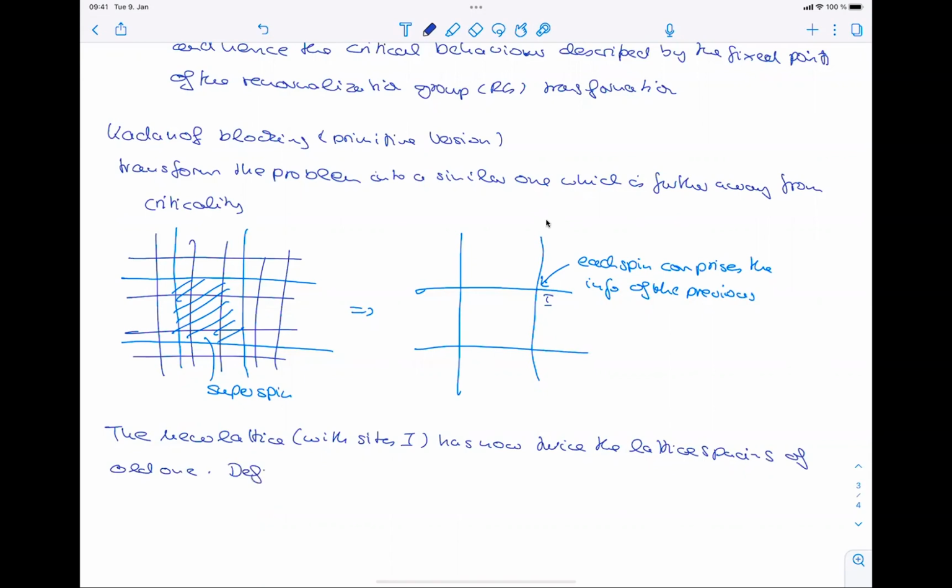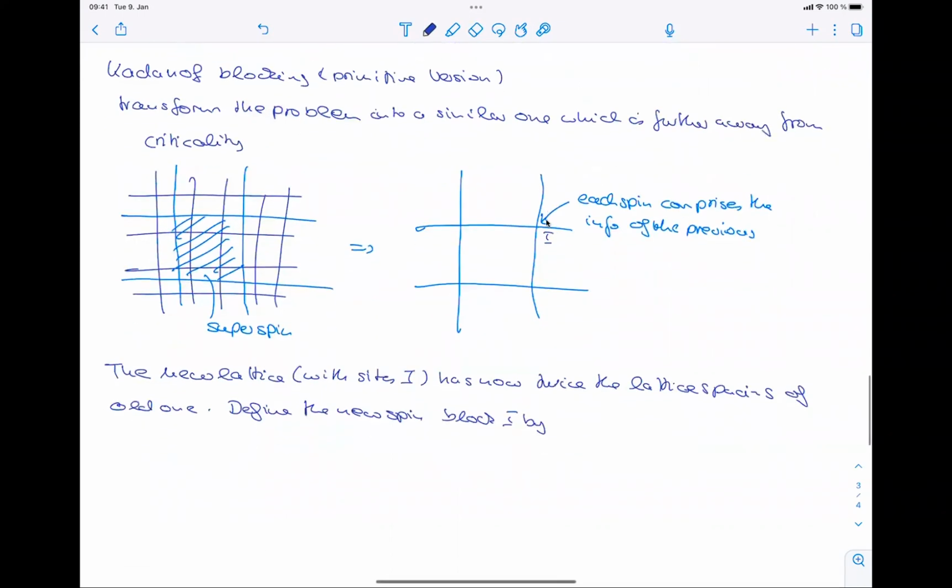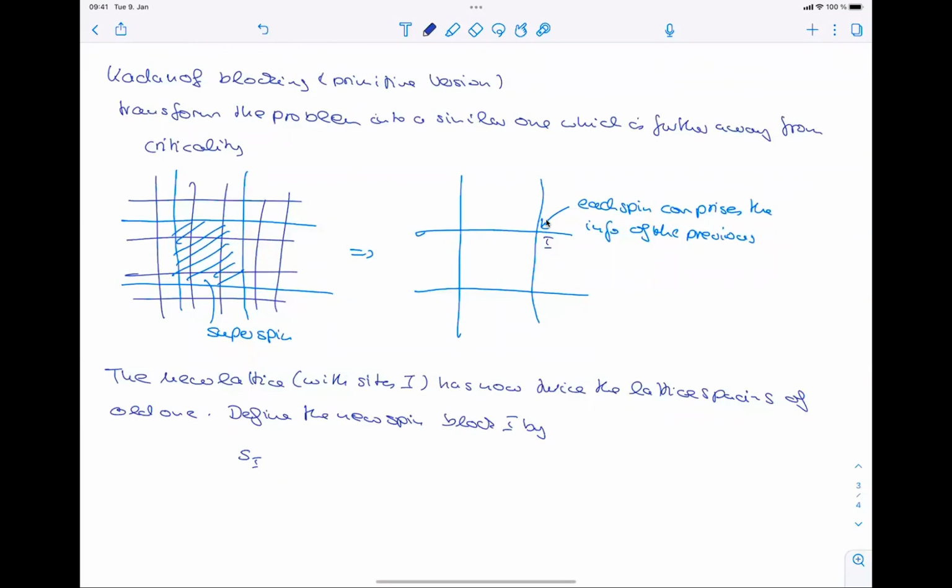And I define the new spin, the spin block. That's why it's called Kadanoff blocking. Sorry, let me just correct that. Spin block I, S_I, is then the sum over all spins that are contributing to the spin block I, in this case 4, together.